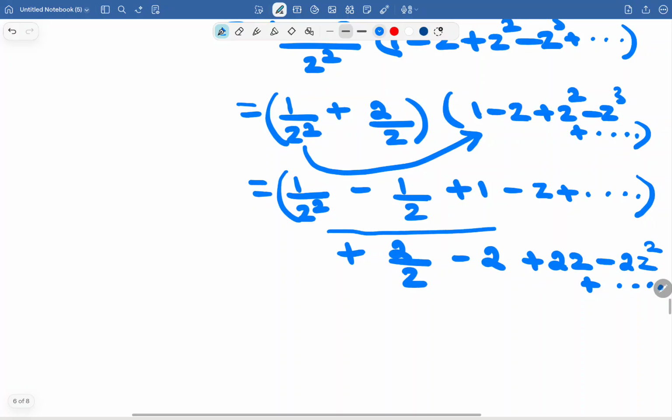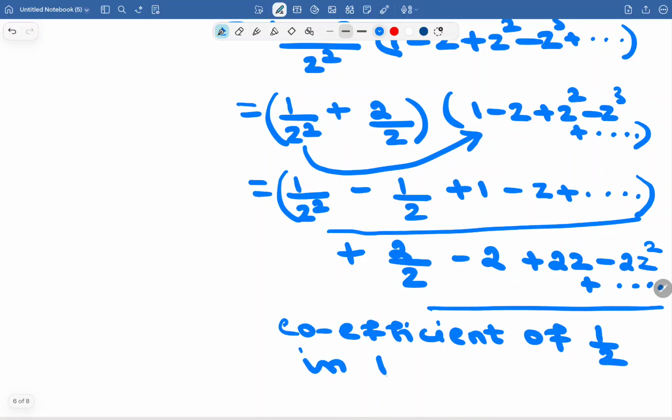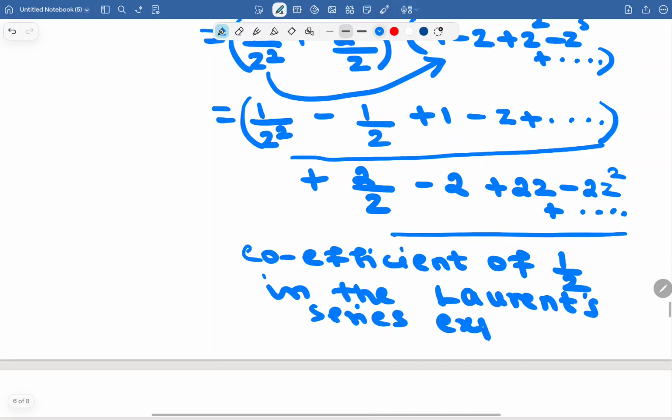From this term and from this term, how to find the residue? To calculate residue, if it is in the form of a series, the formula is coefficient of 1 by z in the Laurent series expansion, since we have to find residue at z equal to 0.